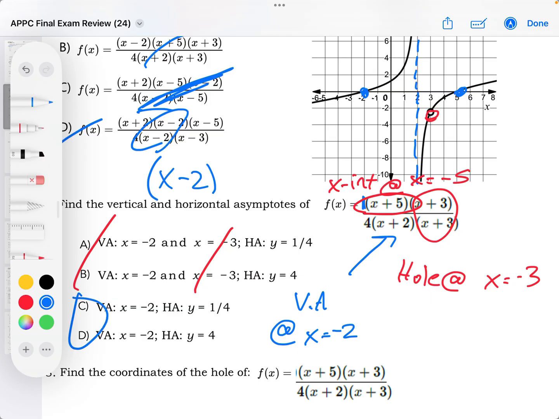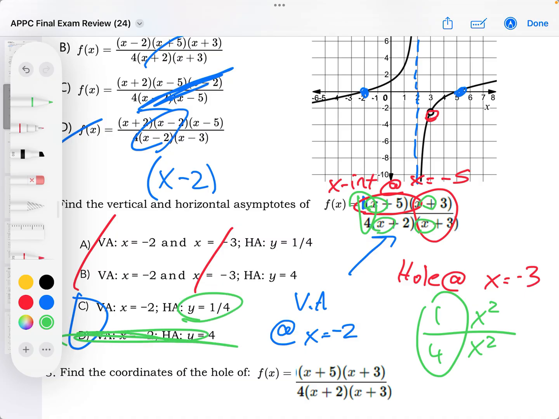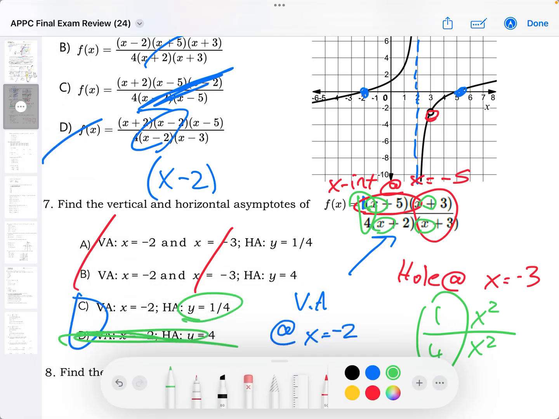And then the last piece, because these are x times x over x times x, these are same degree functions. You have an x squared over x squared. So then I look at my coefficients. Those will determine my horizontal asymptote. So the horizontal asymptote will be y equals 1/4. Therefore, my answer is C and not D for option 7.